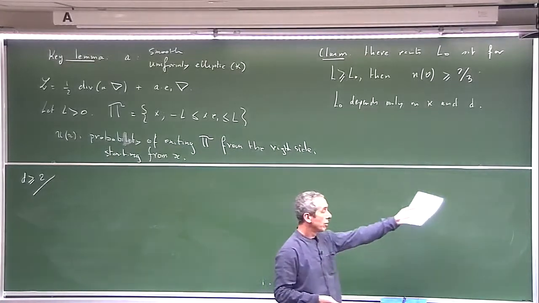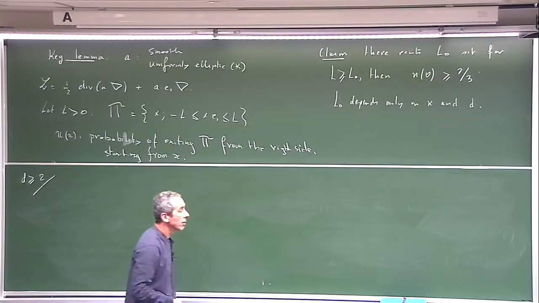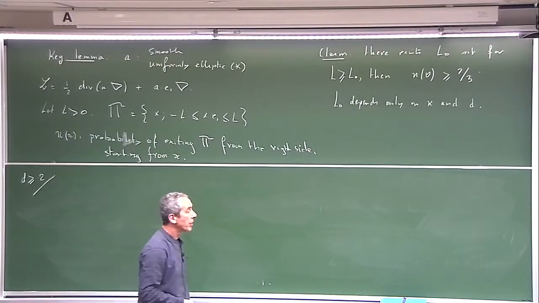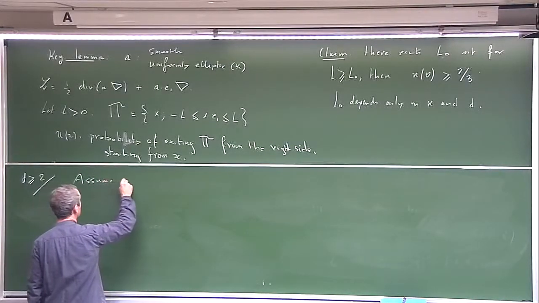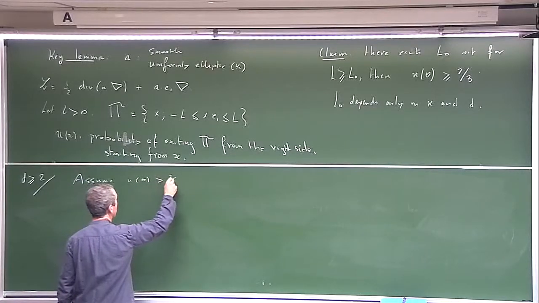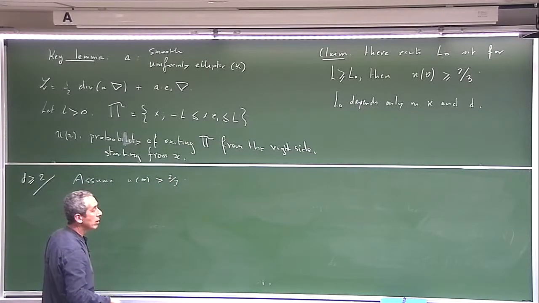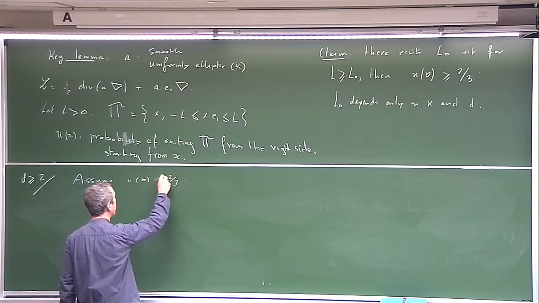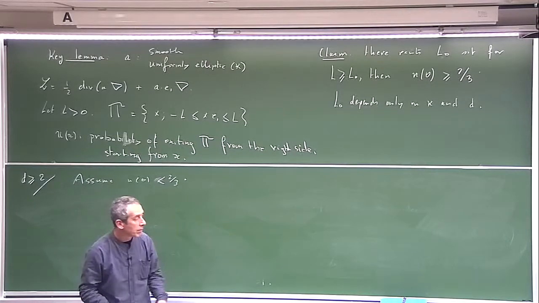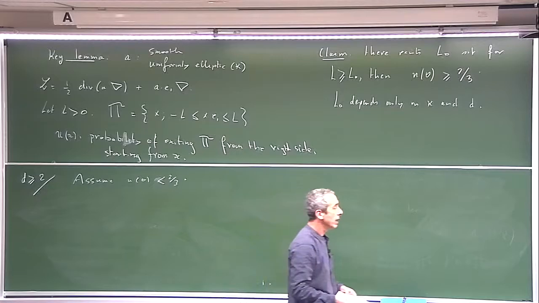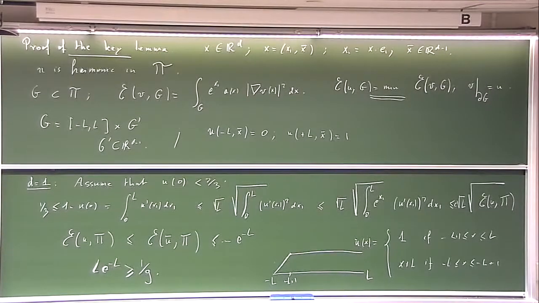So we try to reproduce this argument in dimension higher than 1. Now, the first part, we're going to reach some contradiction, assuming that U of 0 is less than 2/3. Now, the first argument is almost okay, but we need to fatten the thing a little bit.